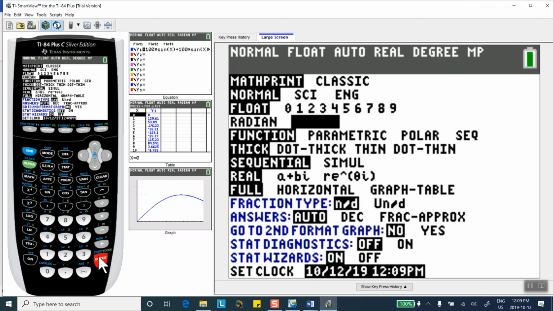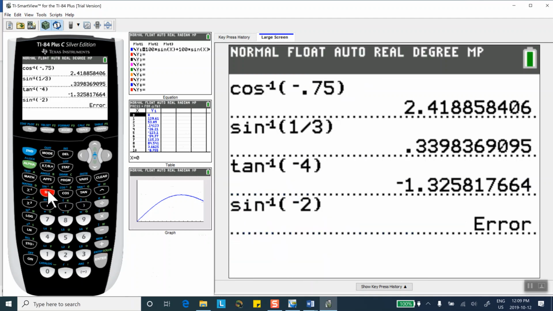Hit enter. Okay, it is in degrees right now. Very good. So now we're going to do sine inverse, second function, sine inverse of, it was 3 over 5, right? 3 divided by 5. And it's going to spit out an angle in degrees.